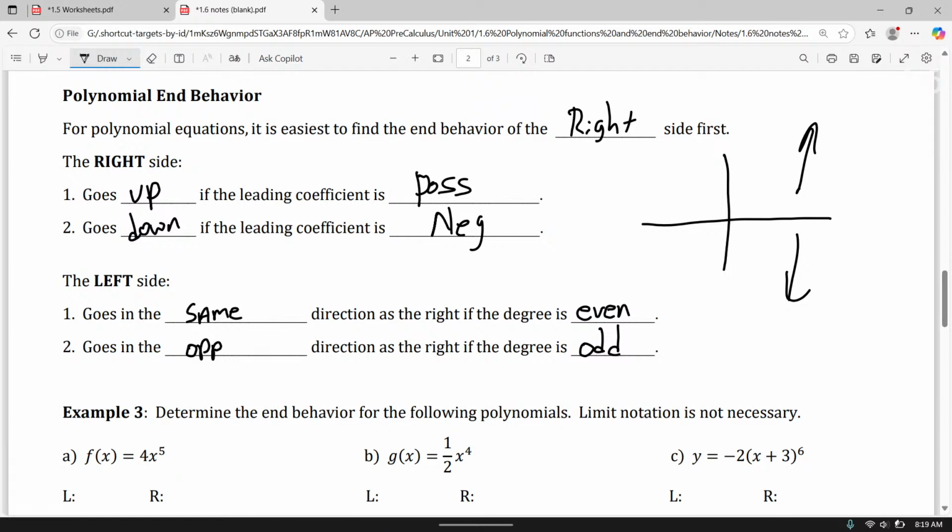If it's even degree, they're going the same. X squared, X fourth, X sixth, X eighth. So then I'm just looking to see are they going up or are they going down. And that's if the leading coefficient is positive or negative. That's telling me which way they're going. And if it's odd degree, I just think of linear, you already know linear. So I don't care what else happens. I just care about the ends. Positive, it's going uphill. Negative, it's going downhill.